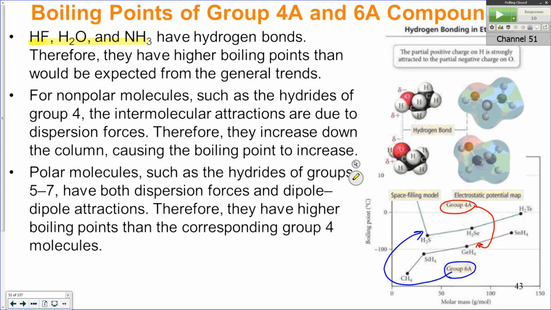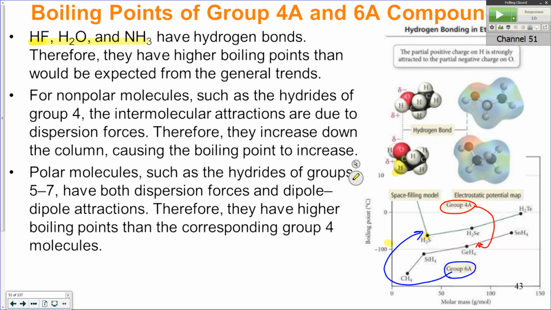When we make these hydride compounds, we take that element and add the number of hydrogens needed to fulfill the octet. Water is up here at a positive 100 in its boiling point. But as soon as I get rid of the ability to hydrogen bond and go to the next largest thing, H2S, it drops down to about minus 70 or 80.